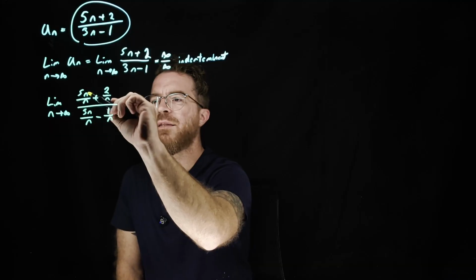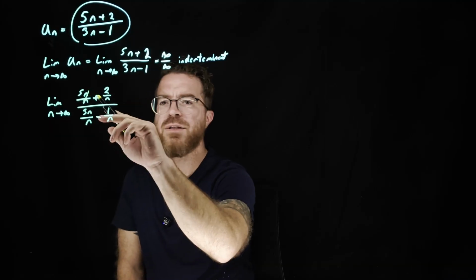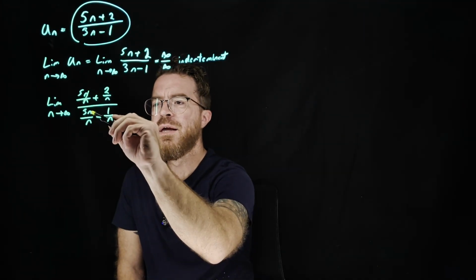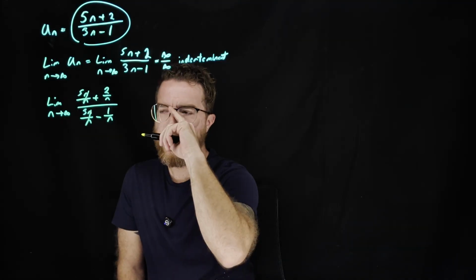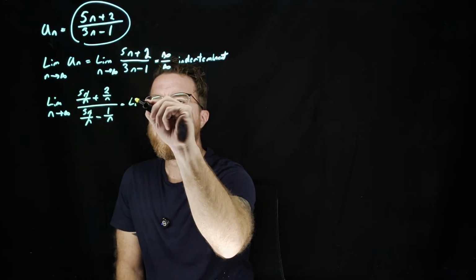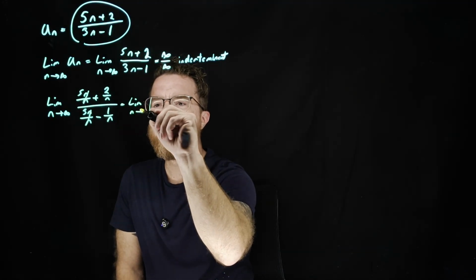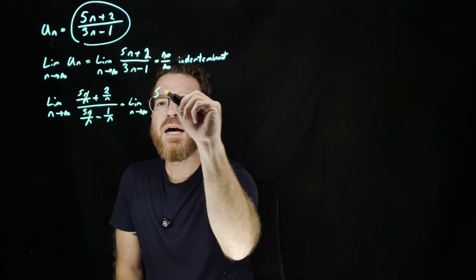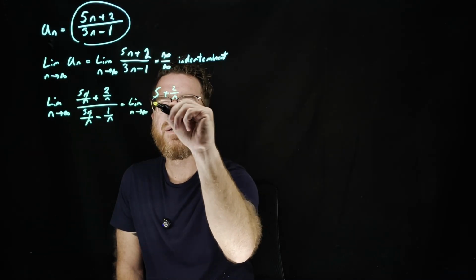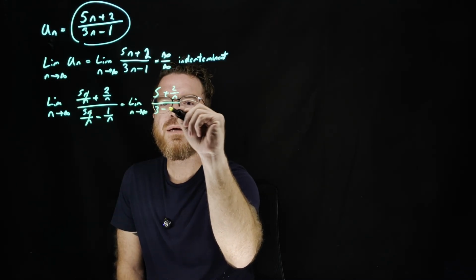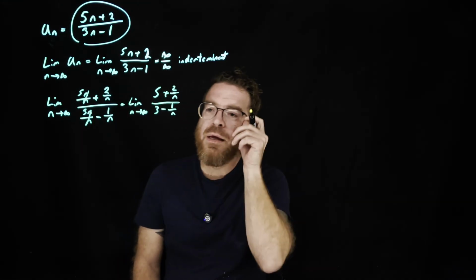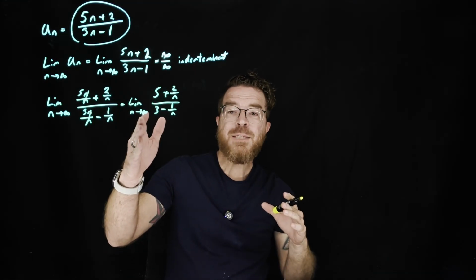Now, the n's in 5n over n will cancel. Same thing with the 3n over n. So this leaves us with the limit as n approaches infinity of (5 + 2 over n) over (3 - 1 over n).